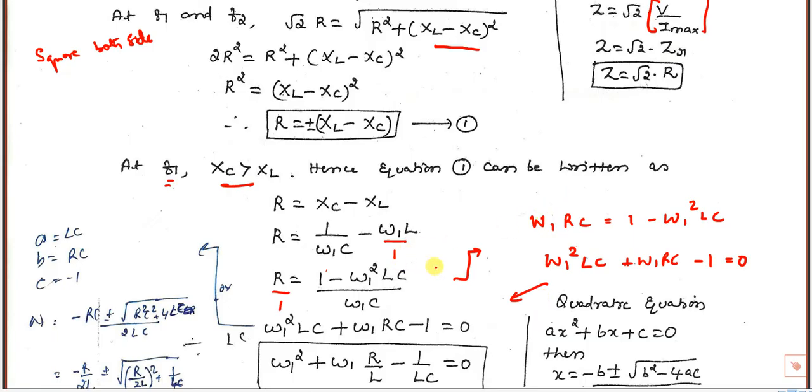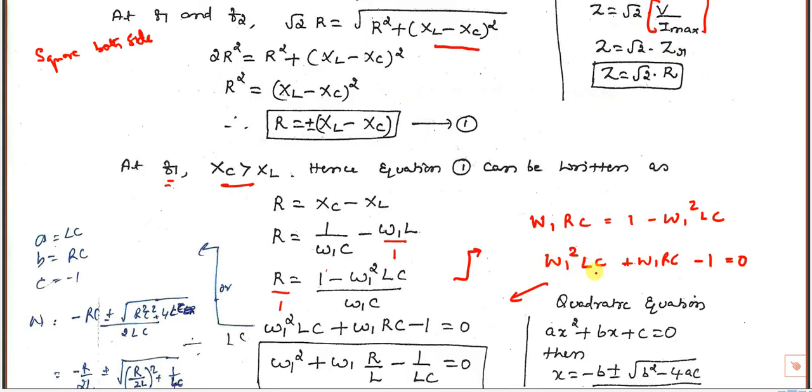After that, this is in the form of a quadratic equation, ax square plus bx plus c. You can divide throughout by LC, or without that also you can do it. Without dividing, you can consider it as it is in the form ax square plus bx plus c, where x value is omega 1.